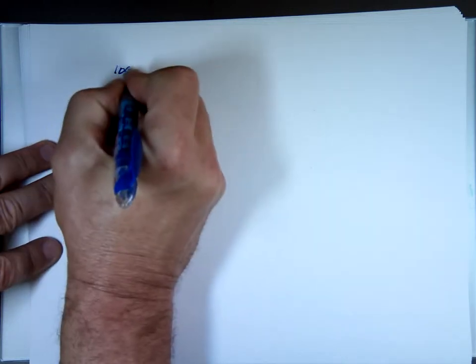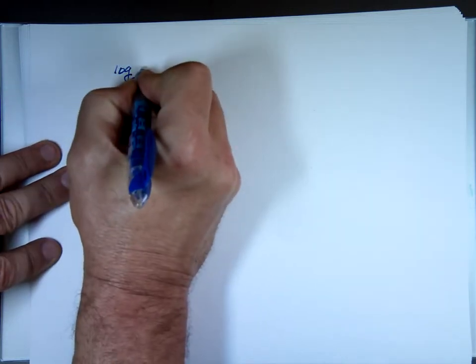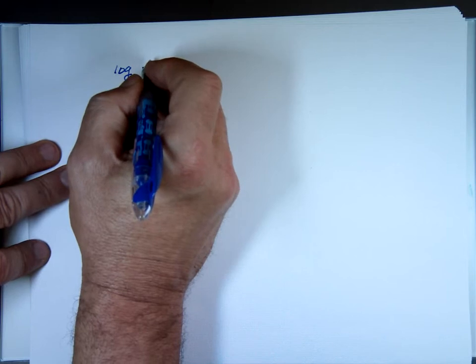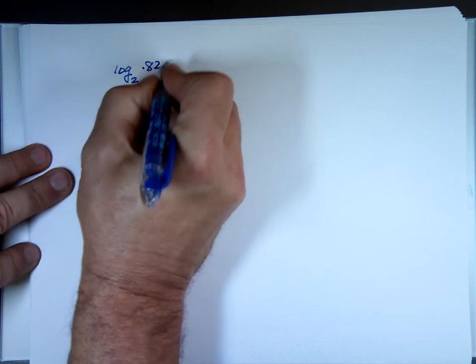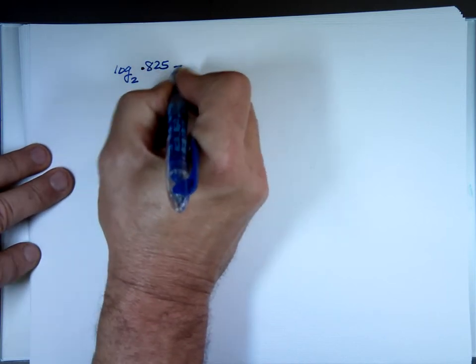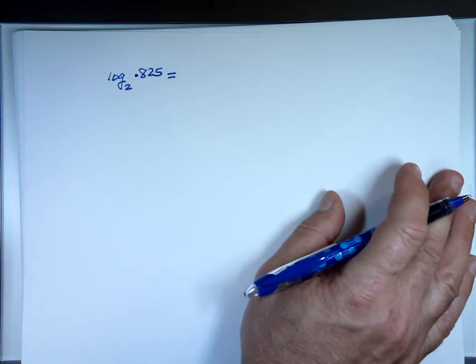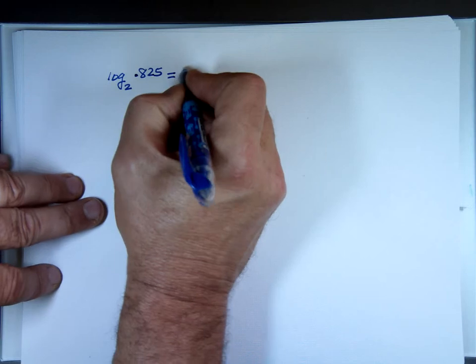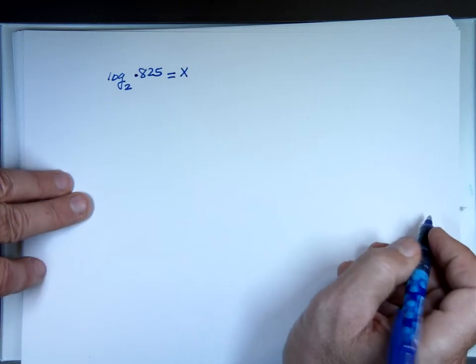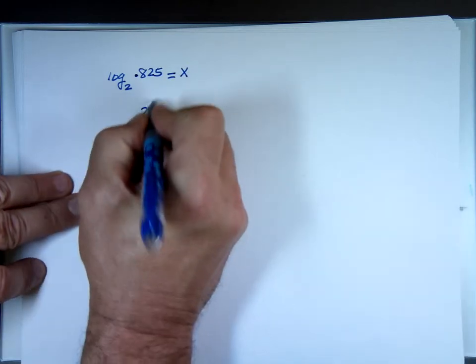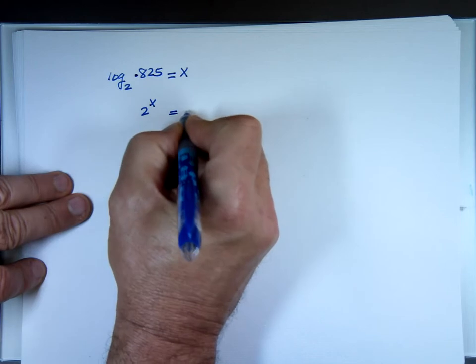How about this one? Log base 2 of 0.825. Oh, now we can. Yeah, that's not gonna work out. So 2 to what power equals 0.825?